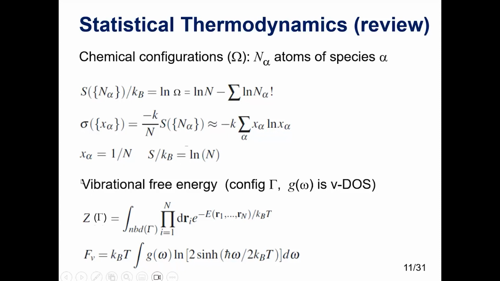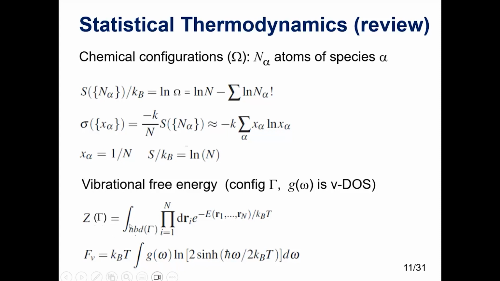Now, the energy, I already told you, we just take as the relaxed energy. And then here we have the entropy, and the configurational free energy is just the configurational energy minus temperature times configurational entropy. But then we also have the vibrational free energy, and the vibrational partition function depends on the chemical configuration.